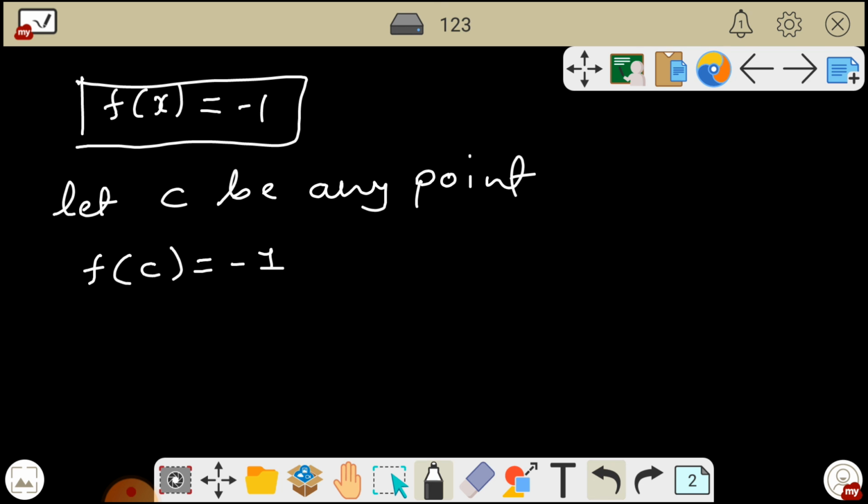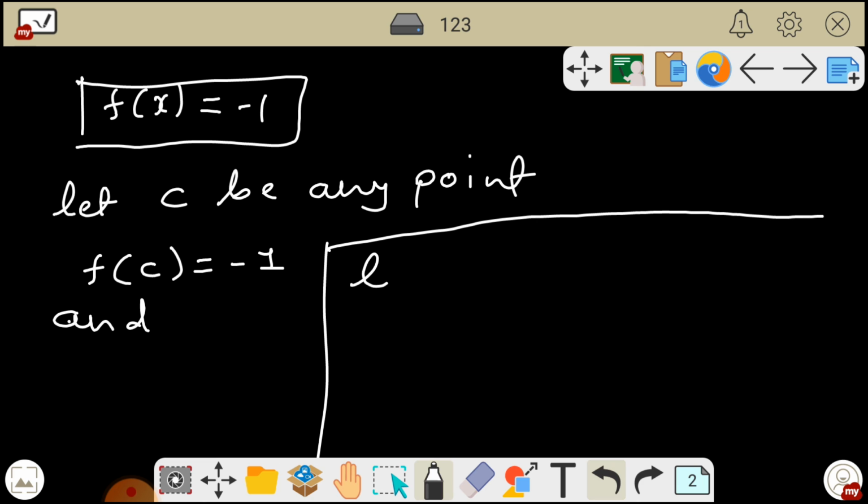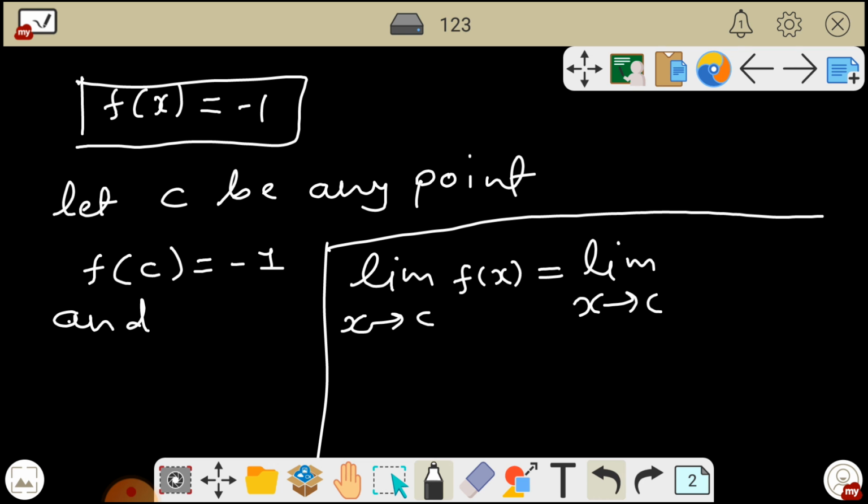and limit, let me write it here, limit x tends to C f of x is equal to limit x tends to C minus 1, which is equal to minus 1.